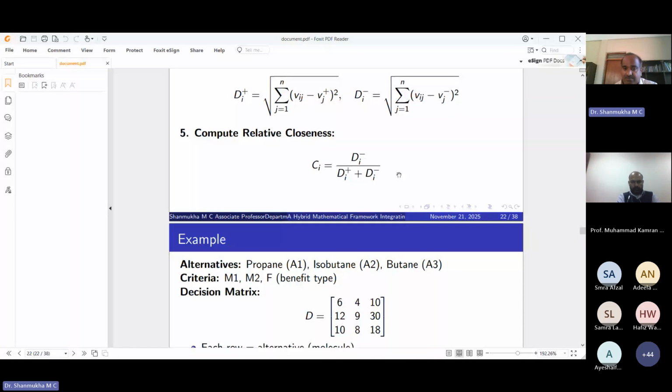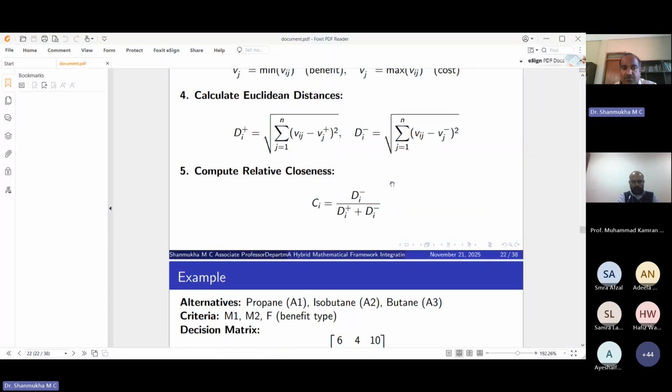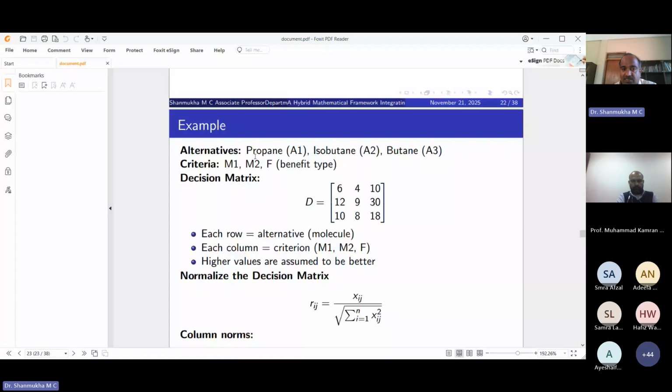Based on the above steps, we consider molecular structures called propane, isobutane, and butane. Based on the vertex and edge partitions, we compute the topological indices. The computed topological indices are M1, M2, and F, where F is called the forgotten topological index. We consider these as beneficial criteria.